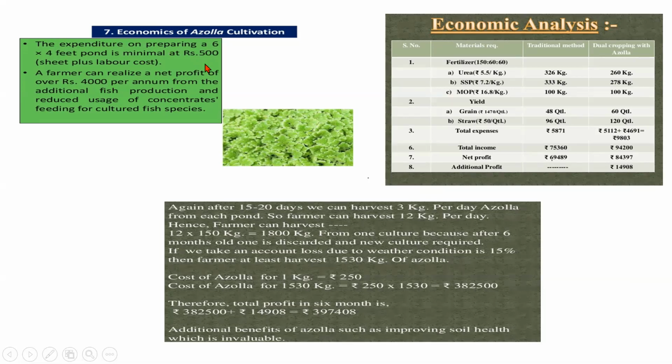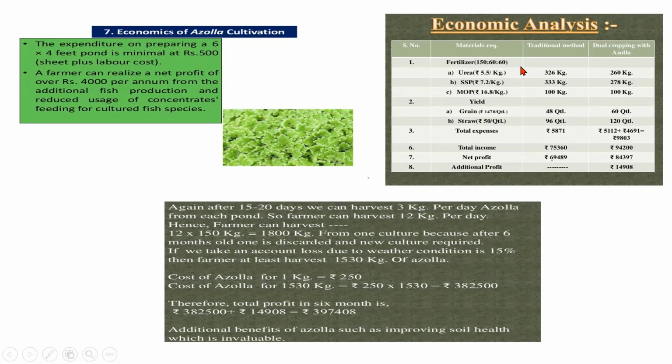So you are not going to start with 500 rupees. When you're taking it as a commercial entrepreneur strategy, you will invest more, minimum 10,000. So just imagine how much profit you will get.